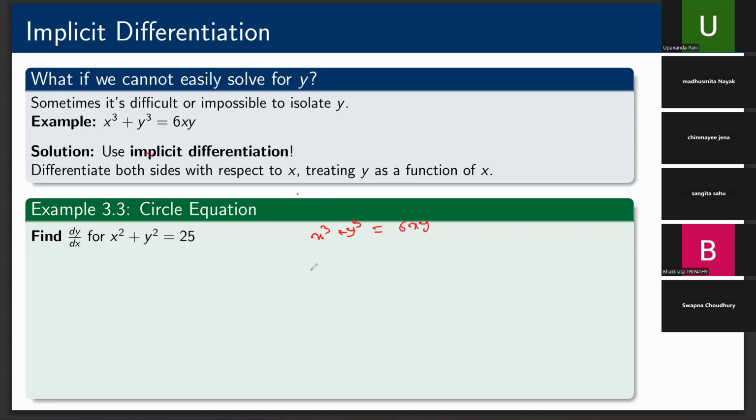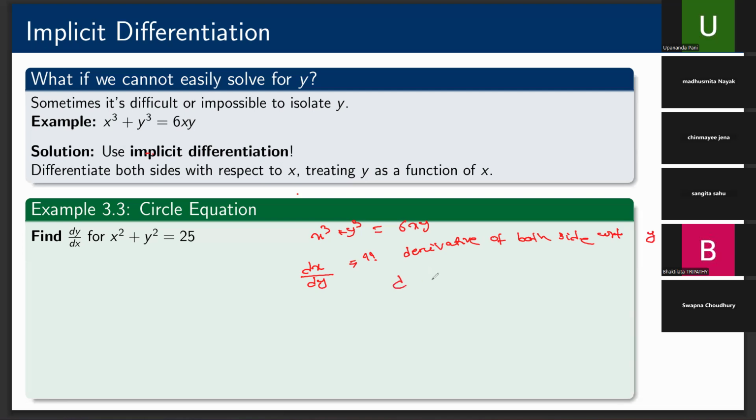If I have to find dx upon dy, we have to take the derivative of both sides with respect to what? It is dx upon dy, so the denominator is the derivative of y. So take the derivative with respect to y.